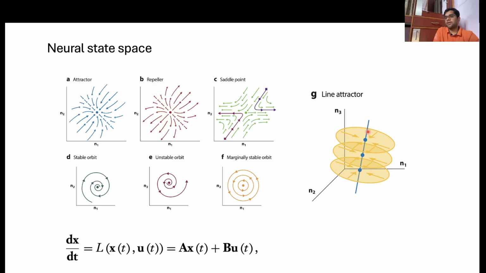Some scientists found that even the brain has a similar structure. So we can use this kind of modeling for the brain and get more mechanistic insights into how the brain works, or what the brain encodes, and how we can use these trajectories for decoding as well.